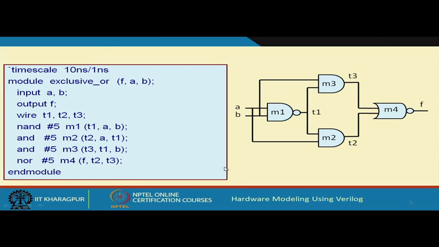So, let us take an example which shows these delays. Here we have a structural representation. Ignore the first line for the time being; I will explain what it means. This is an exclusive OR function realization using NAND and NOR gates. So, using 4 gates I can implement this exclusive NOR.